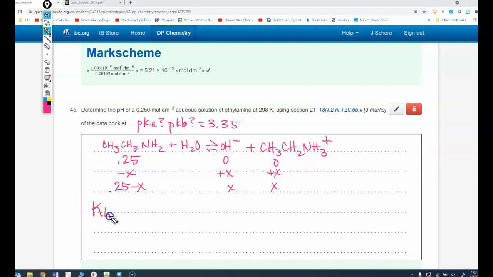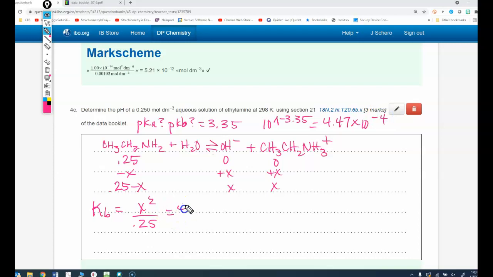So I'm going to have Kb equal to X squared over 0.25. I just need to do 10 to the negative pKb to find my Kb. Oh, I've got to clear my calculator. So I'm going to end up with 4.47 times 10 to the negative 4.